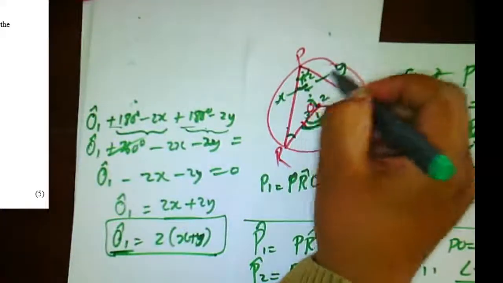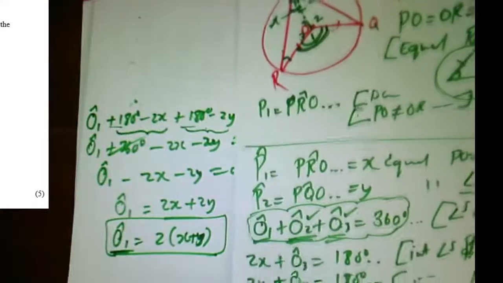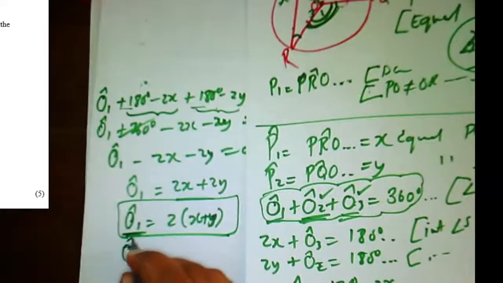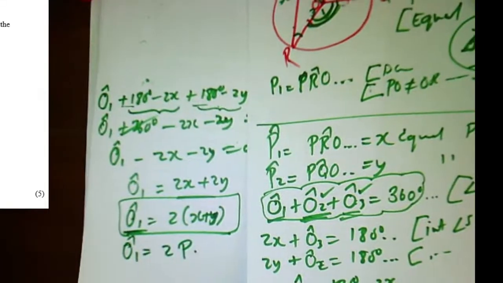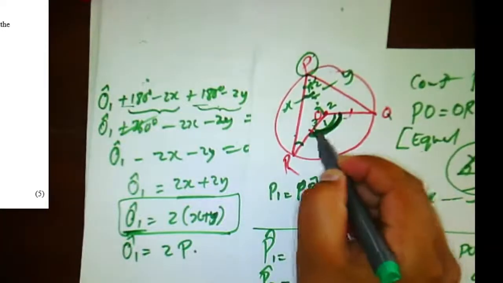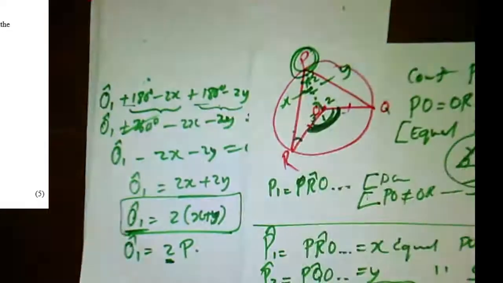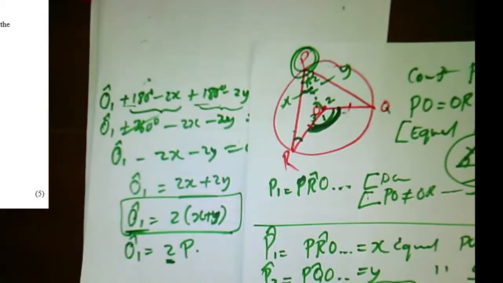X plus y gives me angle P. So I can also say here that O1 is equal to twice P. Meaning that the angle at the center is twice the angle at the circumference. Any questions at this point?